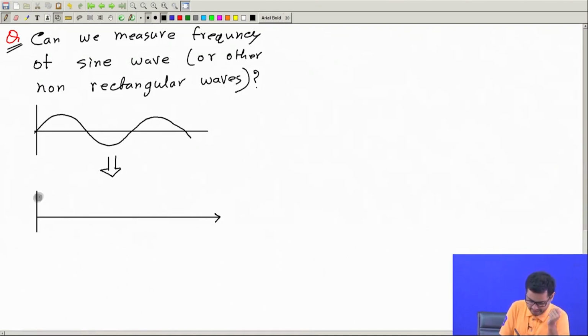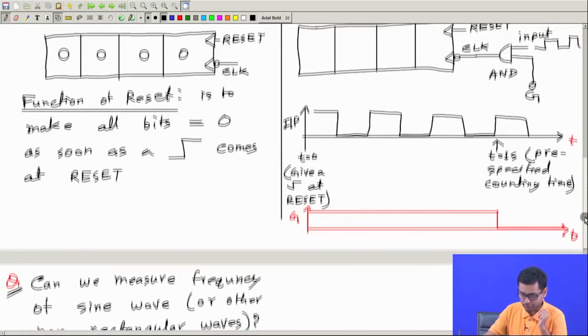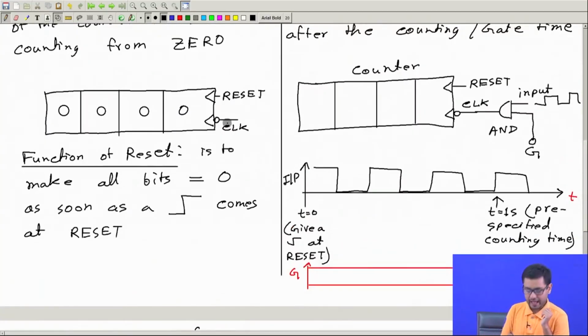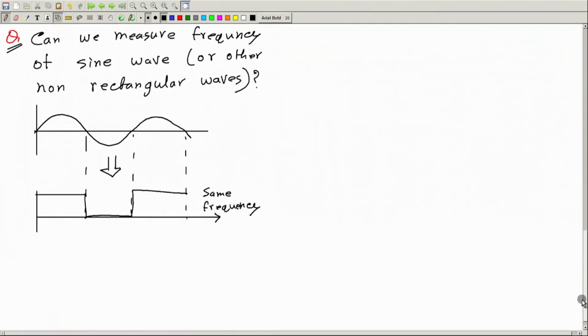Say we will do it like this. Here it is 1, here it is 0, and then 1 and so on. This is of the same frequency, this is important. Now, we can give this square wave to the clock input of our counter, and then it will count the number of edges, and that will give us the frequency, right.